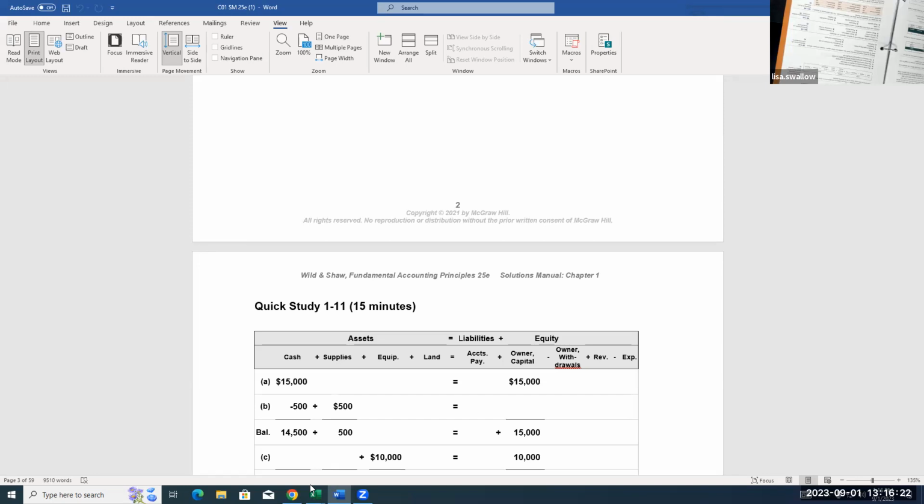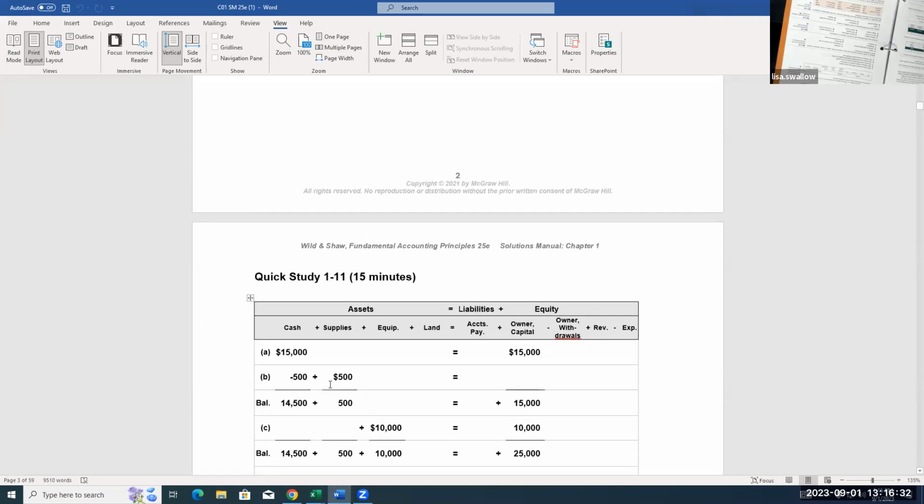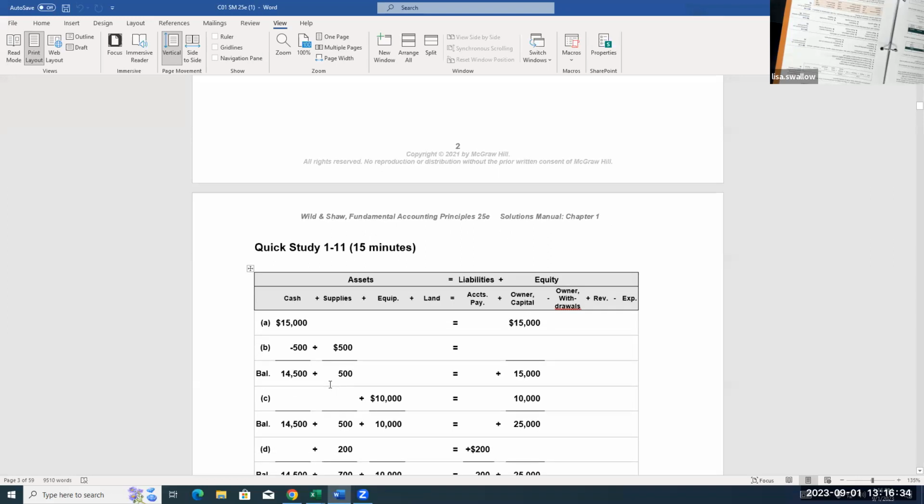So what did you do to the equation? Yes. And specifically, which liability? Accounts payable. Right. And they're subtotaling after each transaction.